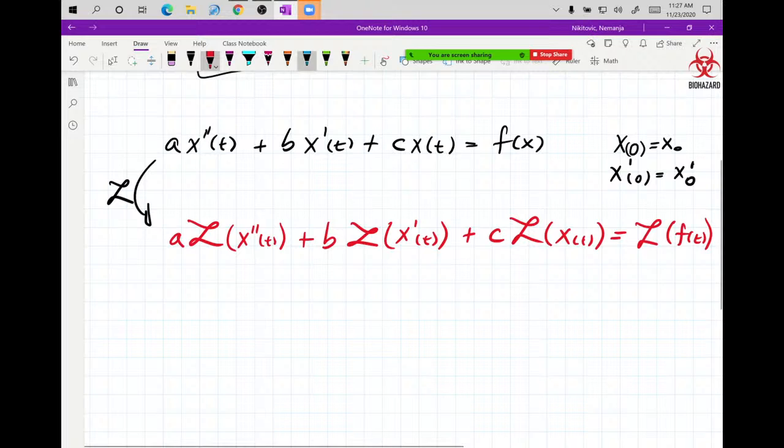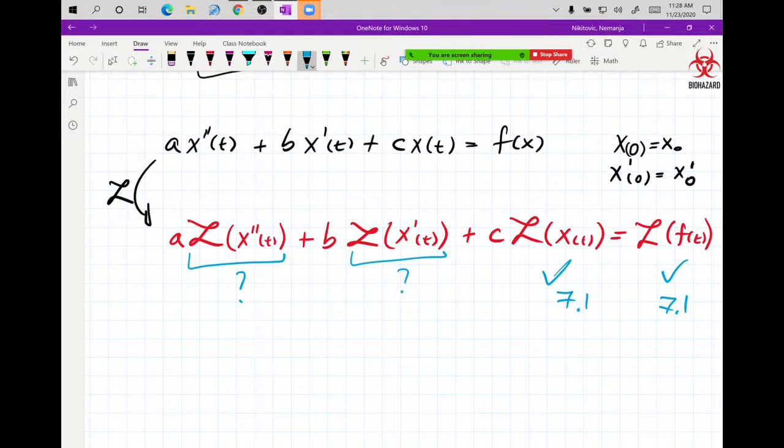Clearly, we need to learn these transformations. You're good here, you're good here. You know what these are. These two were done in 7.1. You look at the tables, right, and you're done. These are the new ones. And that is what we are learning today.